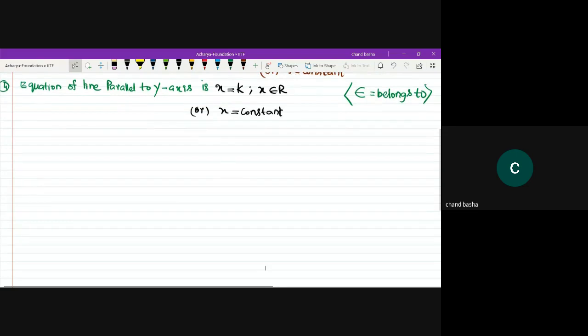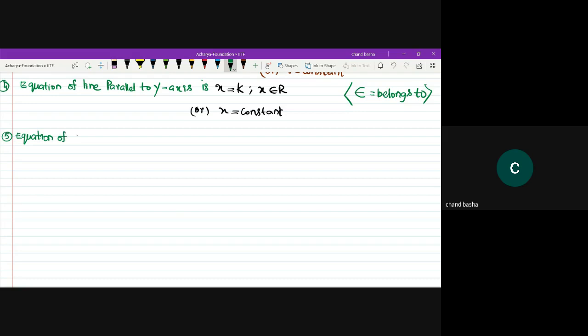Point number 5. Equation of a straight line. This is the formula you have to remember.